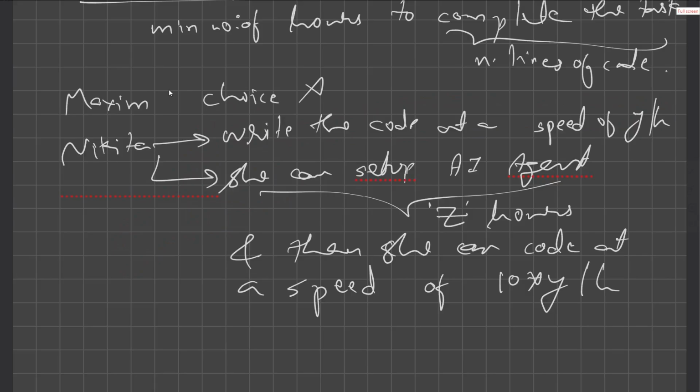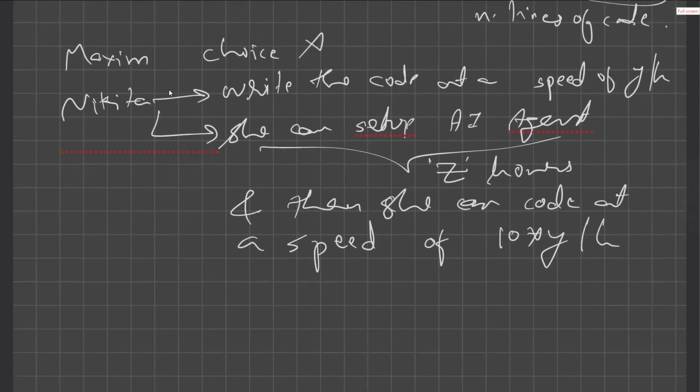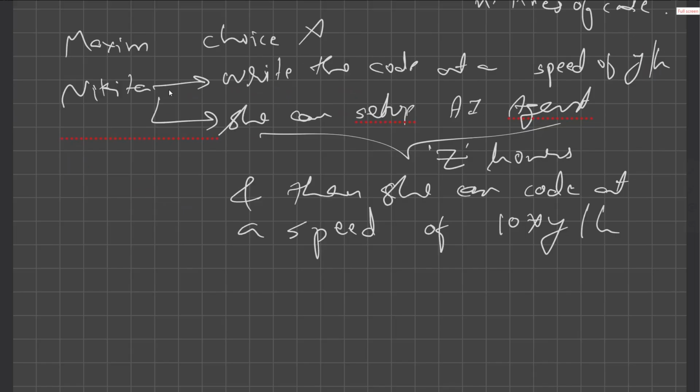So initially we have to choose whichever gives the optimal result. I think what we can do is take the answer in both cases, meaning we will first compute for Nikita just writing code at a speed of y lines per hour. We can do this.